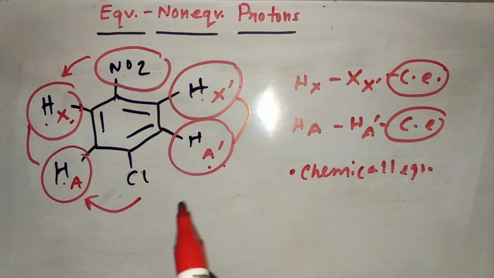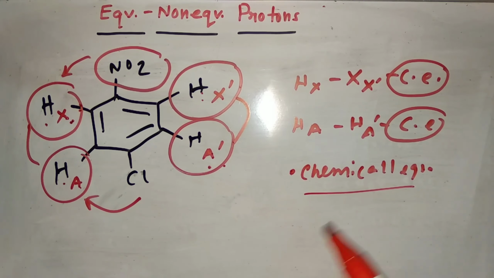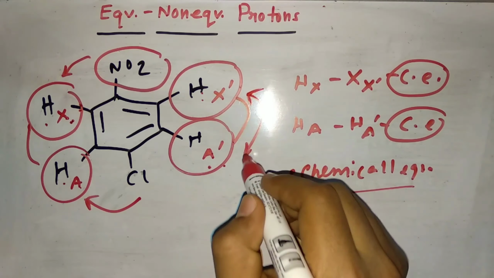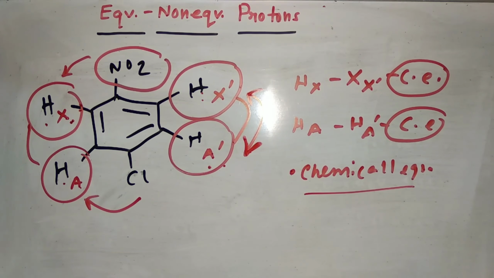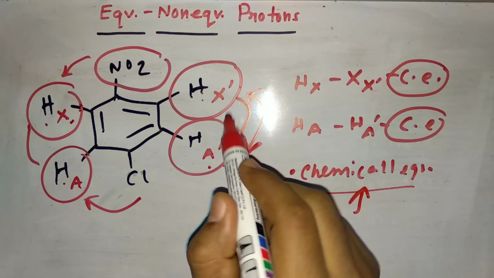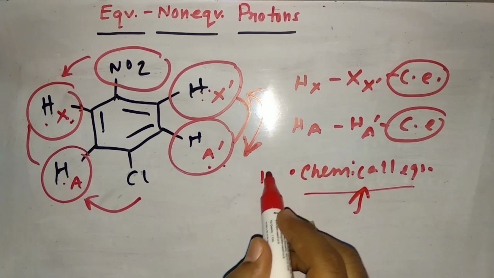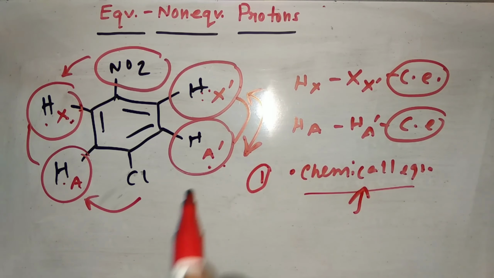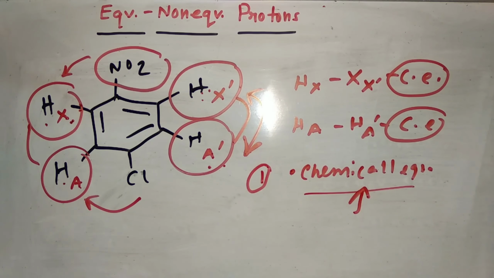But to be chemically equivalent, the system need not be magnetically equivalent. So if these two protons need to be magnetically equivalent, then first they need to be chemically equivalent. As these two are not chemically equivalent, we can say that these two will not be magnetically equivalent. This is the first condition: to be magnetically equivalent, the two protons should be chemically equivalent.